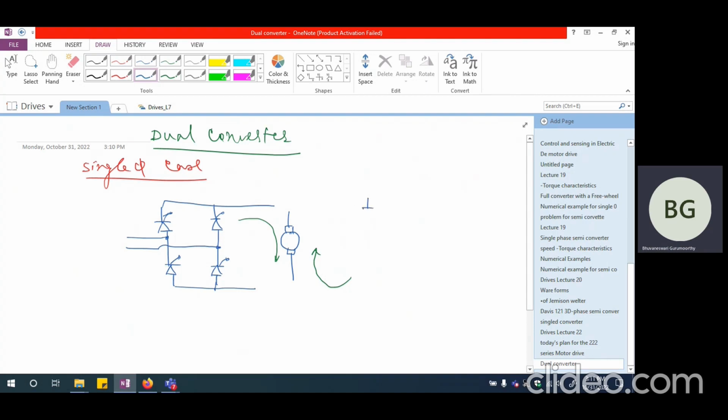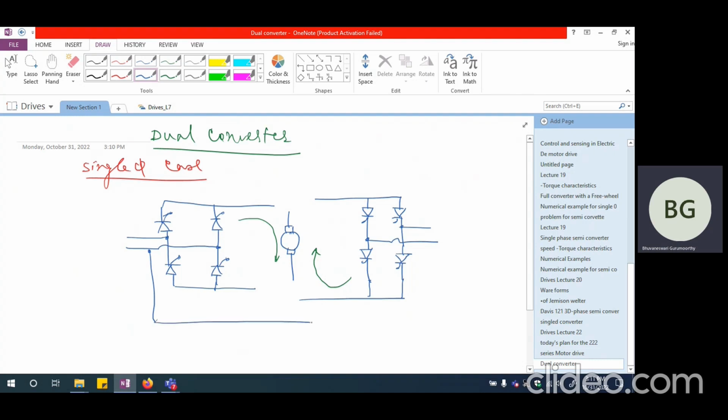So I will have 4 devices again connected in bridge format, exactly in anti-parallel condition. This bridge is also connected to the armature of this DC motor drive, and I will connect both the bridges to the same power supply.